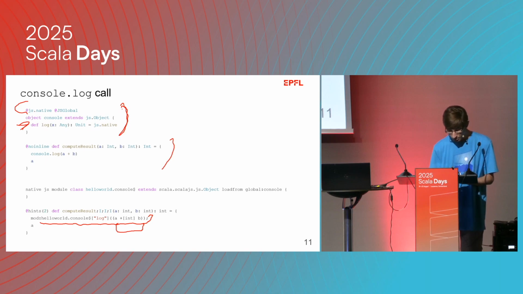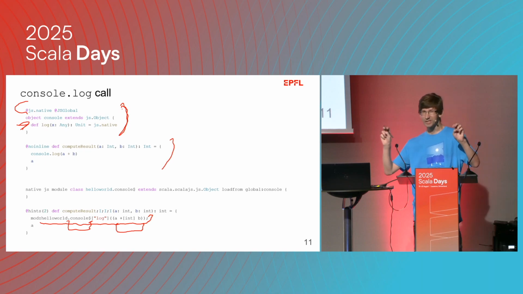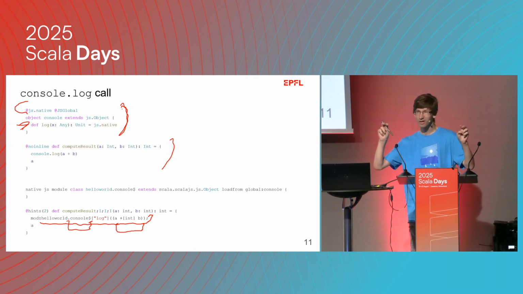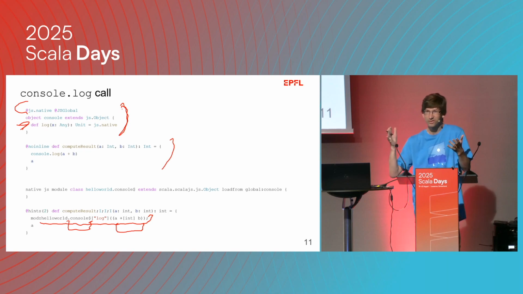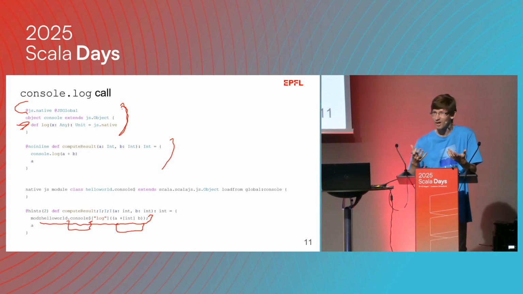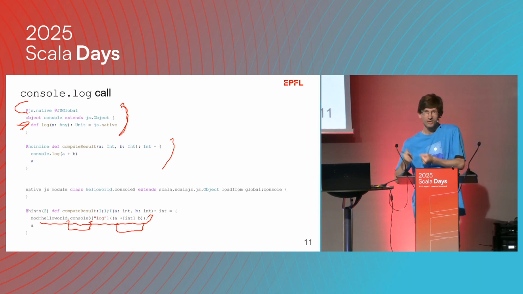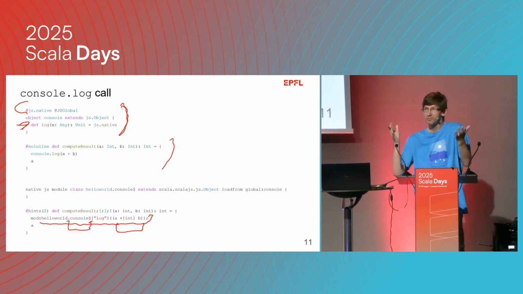We get the global console object, and then we call the method string log on it, because in JavaScript, method names are strings that are reified at runtime, right? So fundamentally, this is what you do. You call a method, you actually give it a receiver, a method name, which happens to be a string, and then arguments.